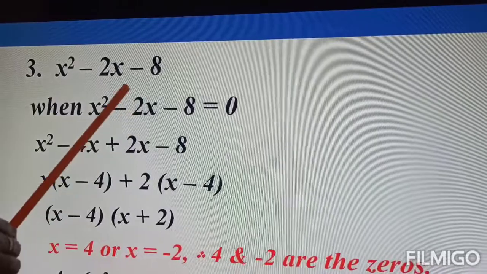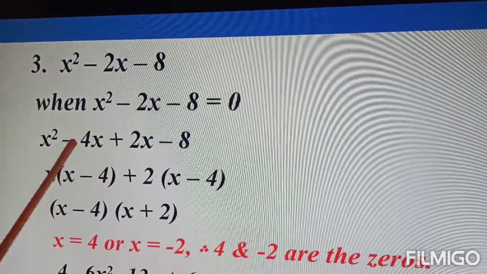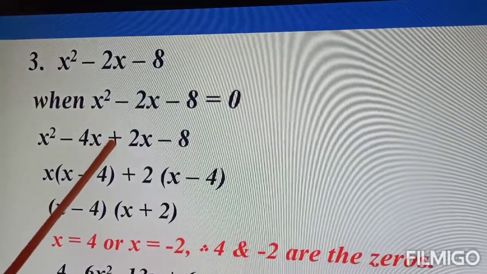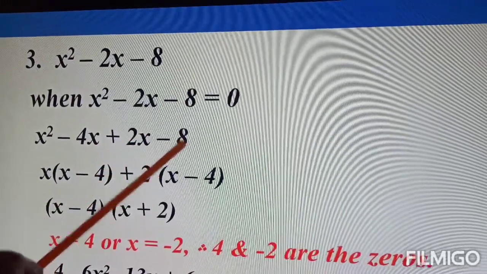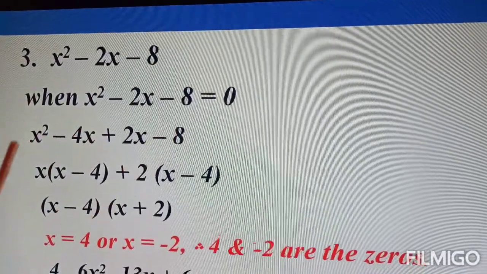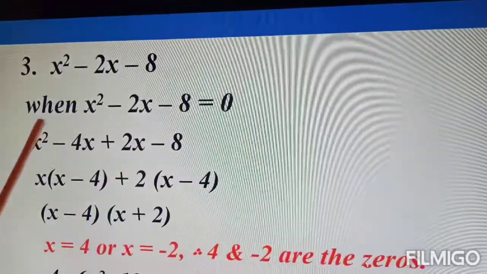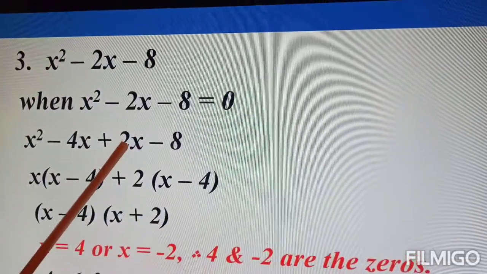Then we'll get the same thing. Meaning is same. Minus 2x we get by combining these two, minus 4x plus 2x. Then the first term x square and the last term minus 8 will both be as it is. Only this middle term we have to replace by these factors.